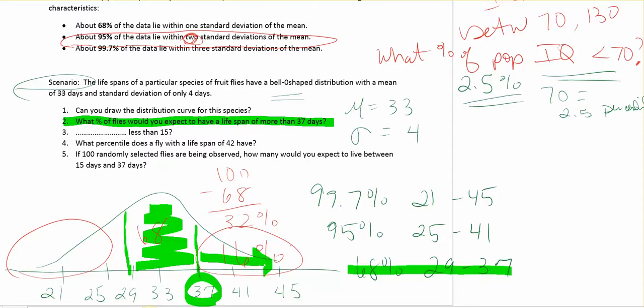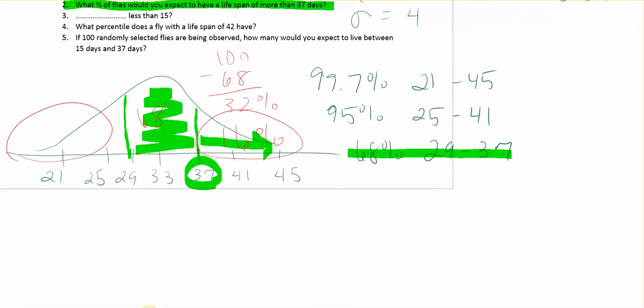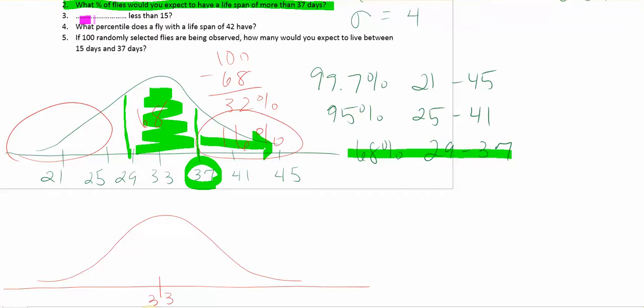Okay? All right, so let's try that again. To try it again, I'm going to redraw it because I need something to squiggle on. So here's my picture with my fruit fly mean. And the third question says, what percentage of flies would you expect to have a lifespan of less than 15 days?